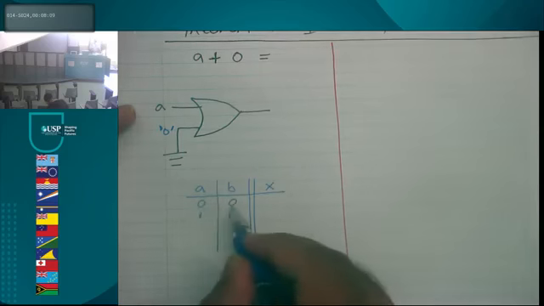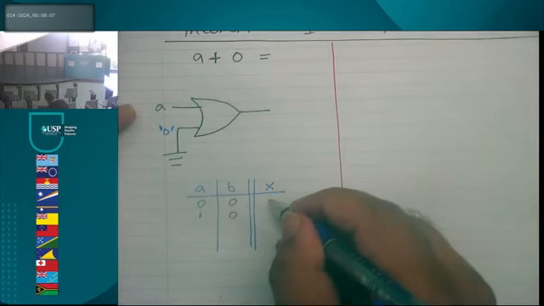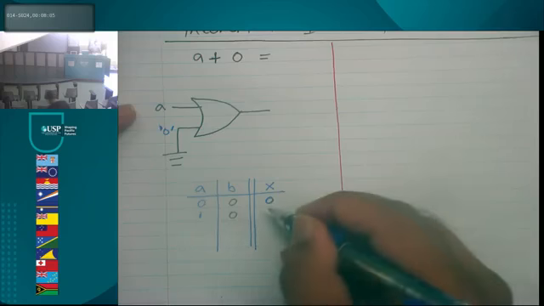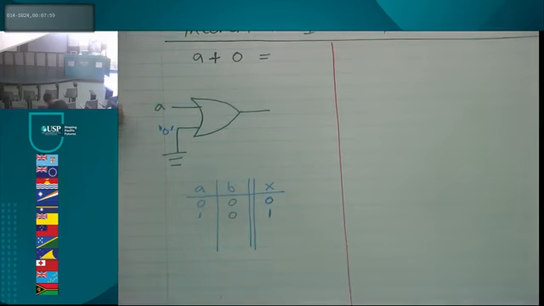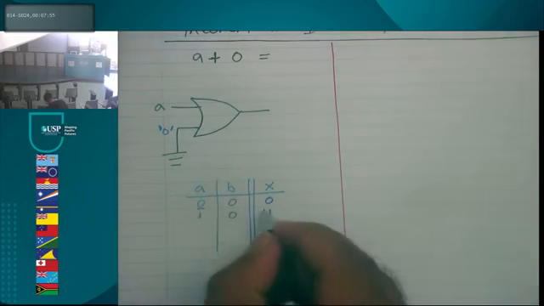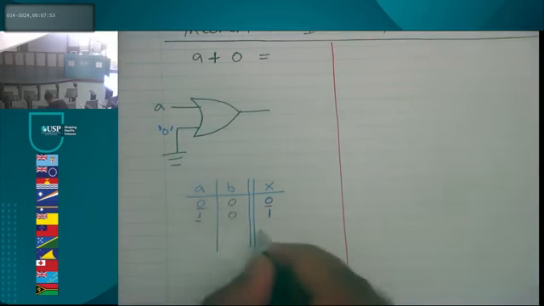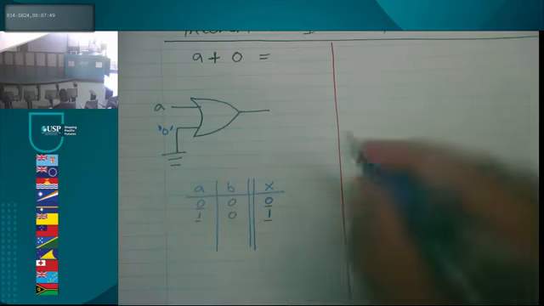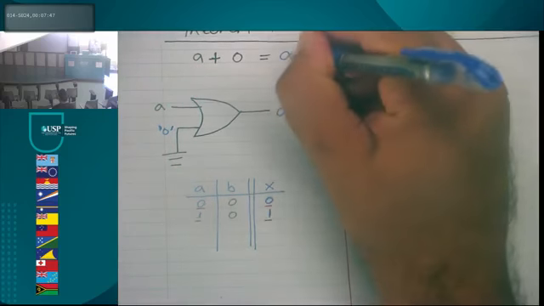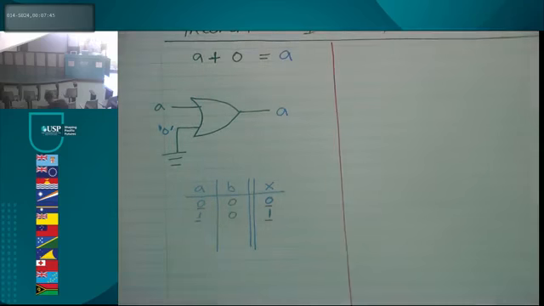So 0 or 0 gives you a 0, yeah? 1 or 0 gives you a 1. Is that correct? So in the end, what can we say? When the input was 0, the output was 0. When the input was 1, the output was 1. So A or 0 gives us A. So therefore, what can we say?